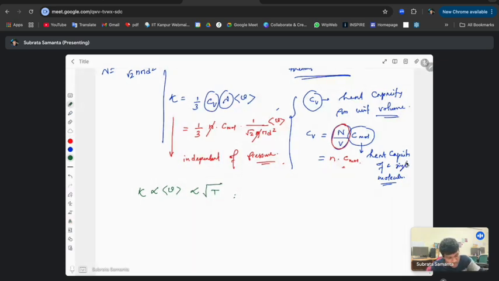Kappa is also proportional to 1 over d squared, and proportional to C mole. For example, at temperature T1 your thermal conductivity is kappa 1, and at temperature T2 it is kappa 2.